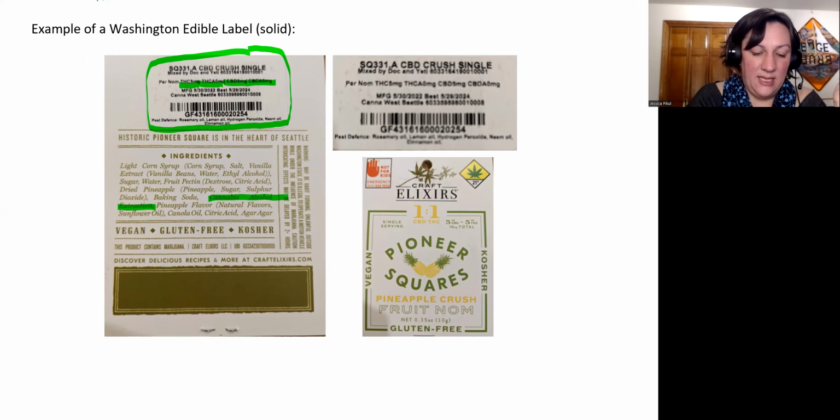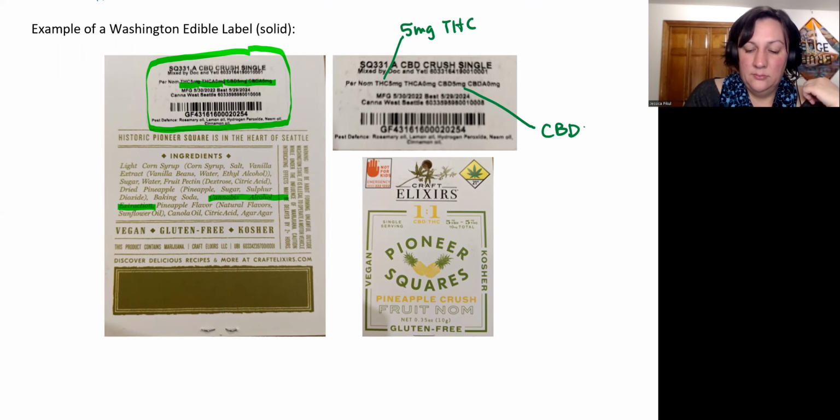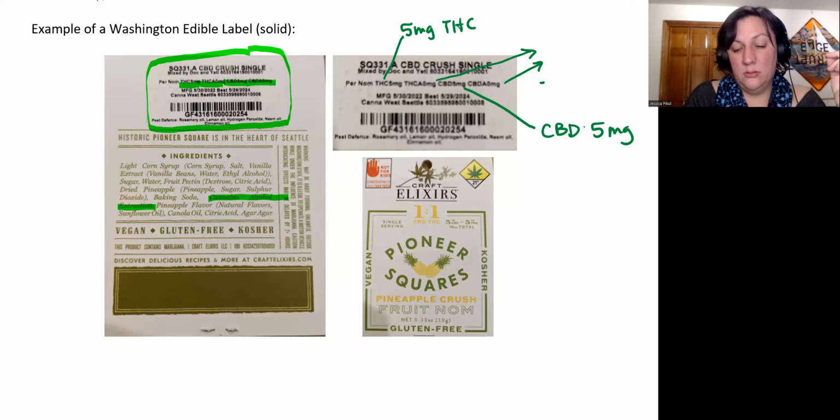For THC, we're seeing 5 milligrams, and for CBD, we're seeing 5 milligrams. The CBDA and the THCA, there's 0.